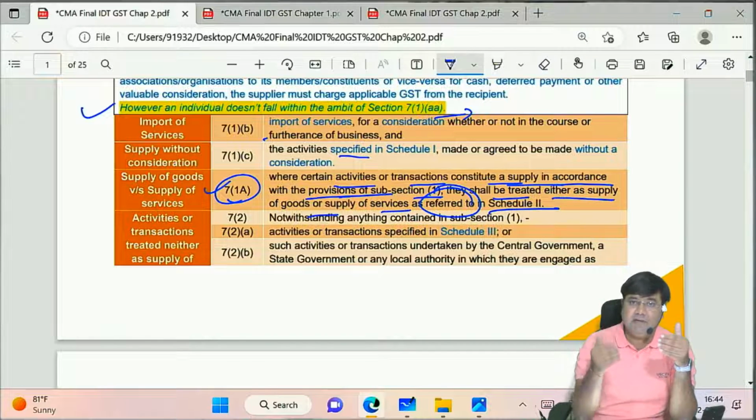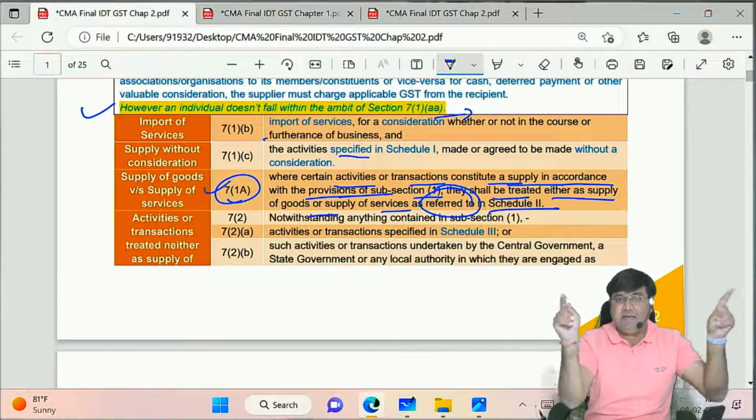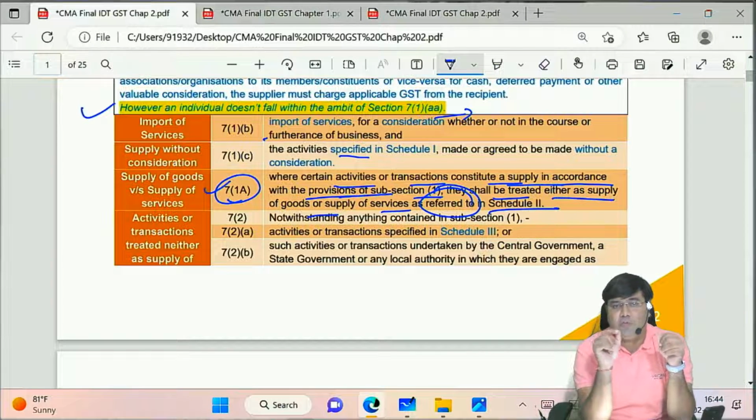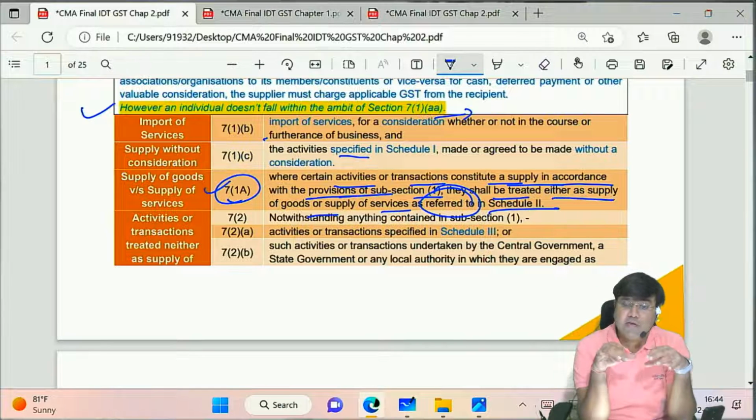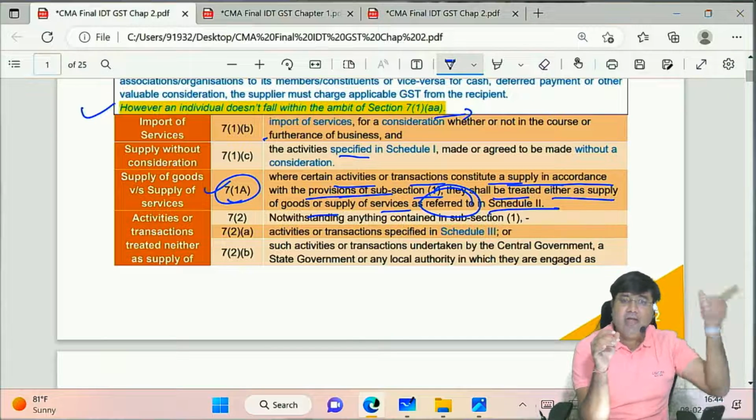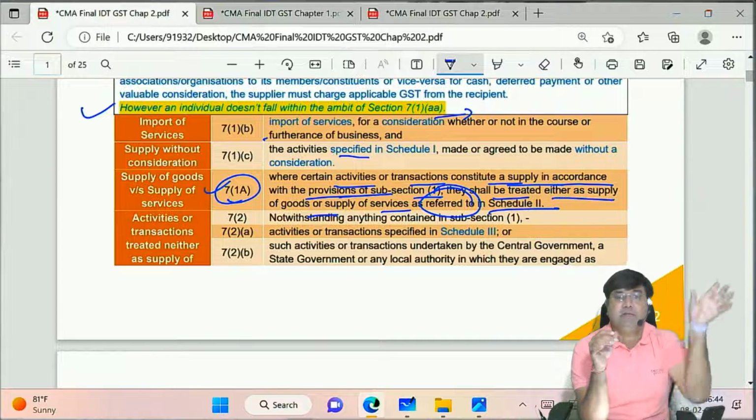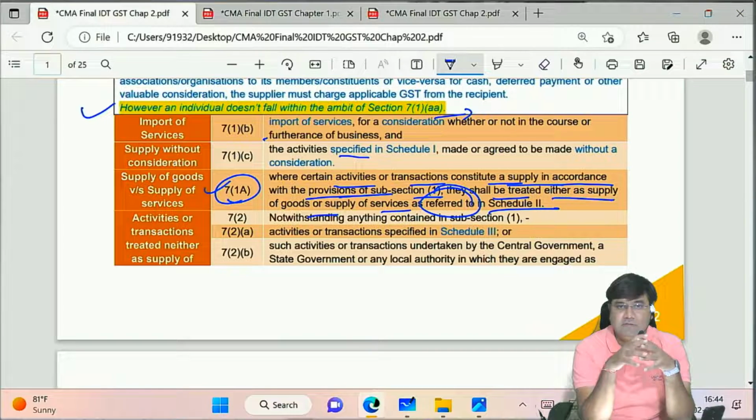Please jump to section 7 subsection 1A and classify that supply between supply of goods or supply of services. How are you going to do the classification? According to Schedule 2.